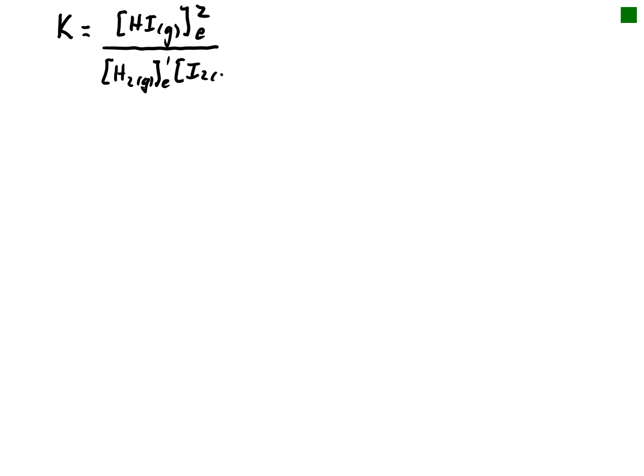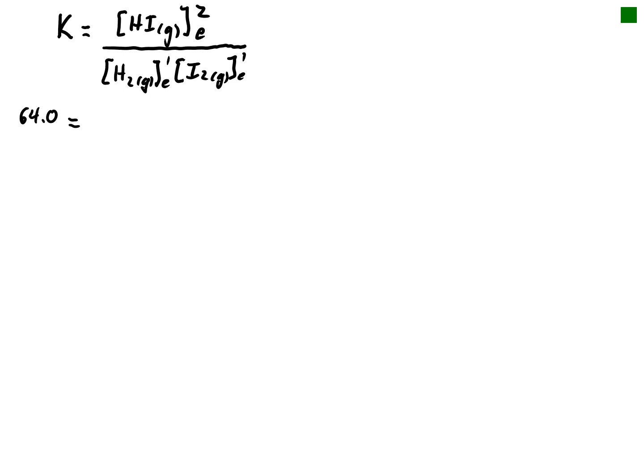All right, so the K value equals concentration of HI gas at equilibrium squared divided by the concentration of H2 gas at equilibrium, first order, and concentration of iodine gas at equilibrium, again first order. All right, so the K value is 64.0.